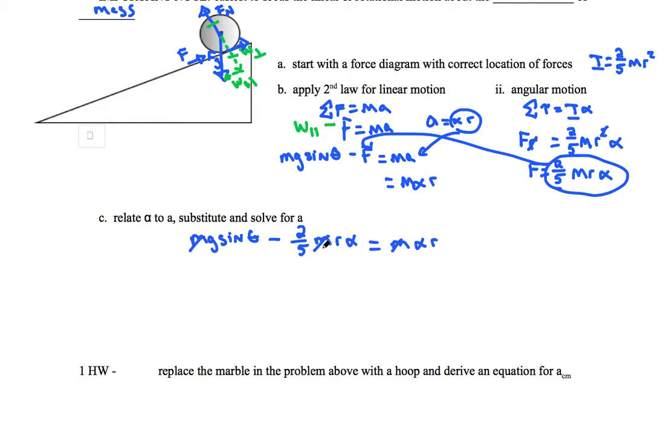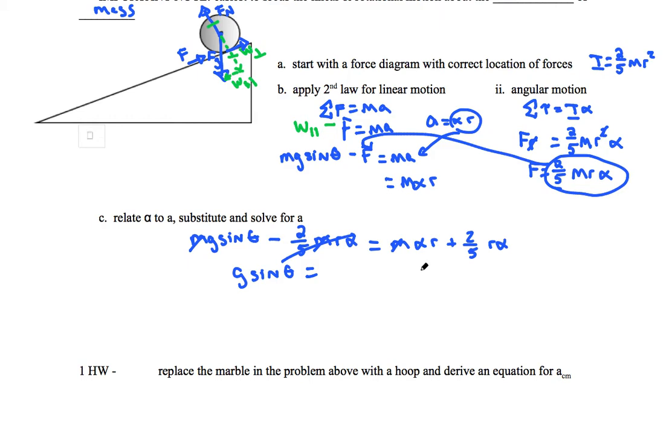and if I add the 2/5 r alpha over, that cancels that out. So I have g sine theta equals alpha r plus 2/5 alpha r.